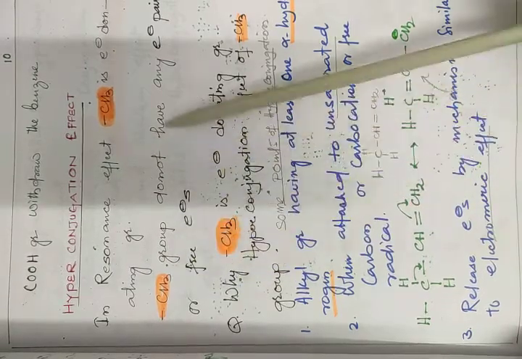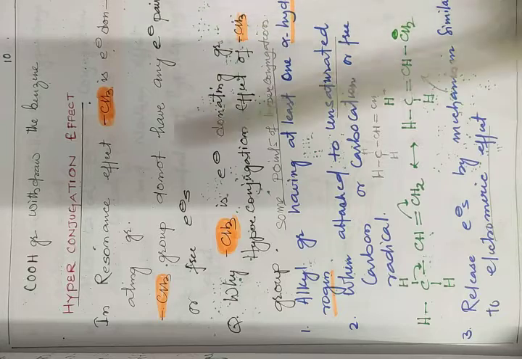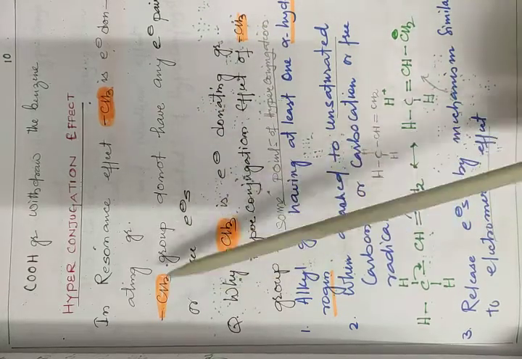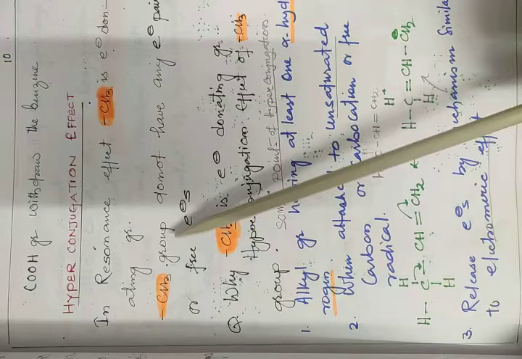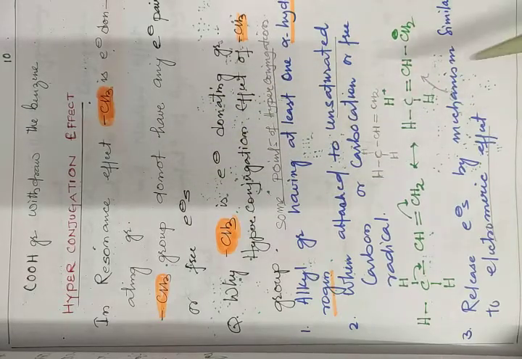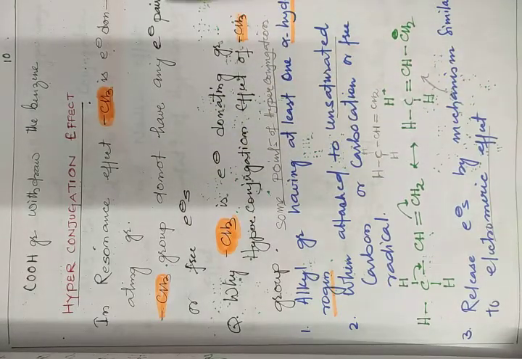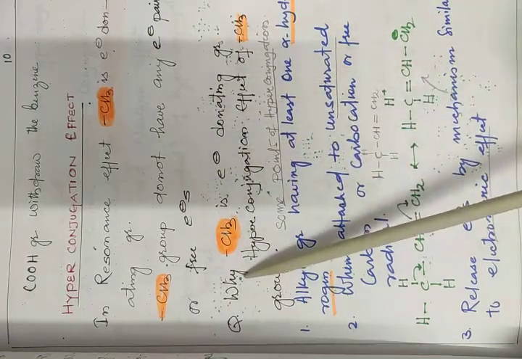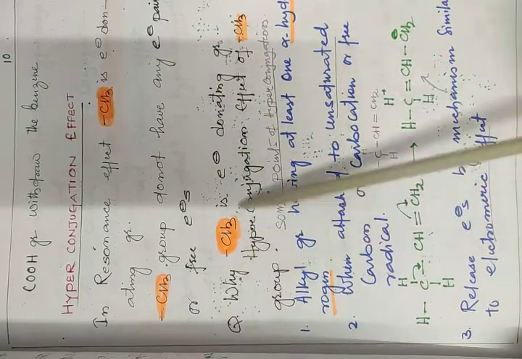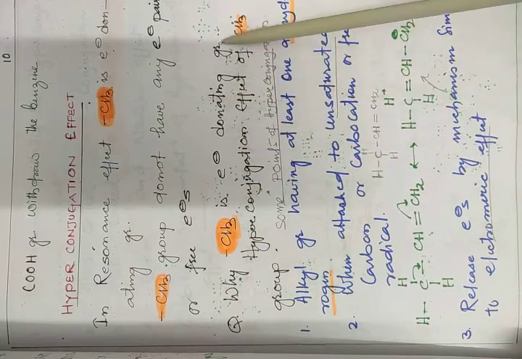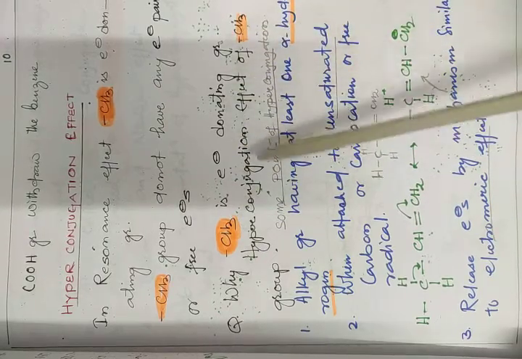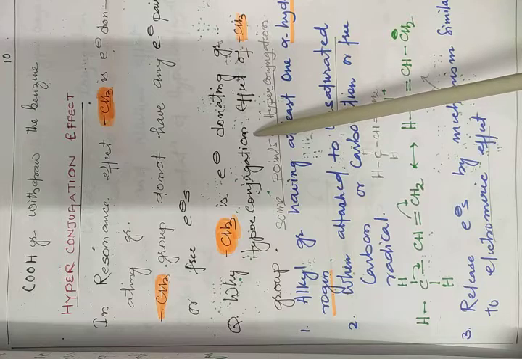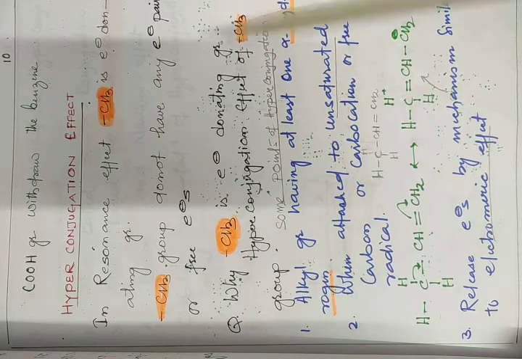CH3 group does not have any electron pair or free electron. So here one question is there: why is CH3 an electron donating group? Because of the hyperconjugation effect of the CH3 group.